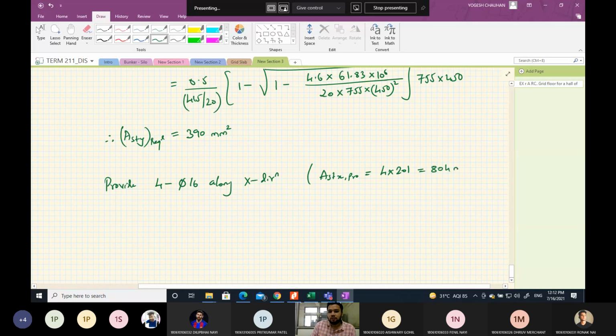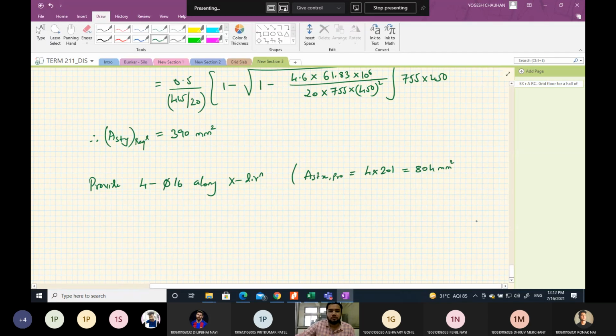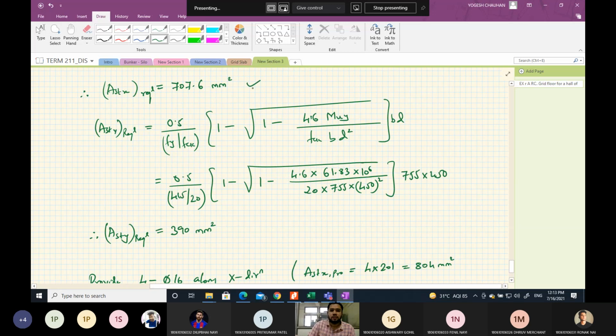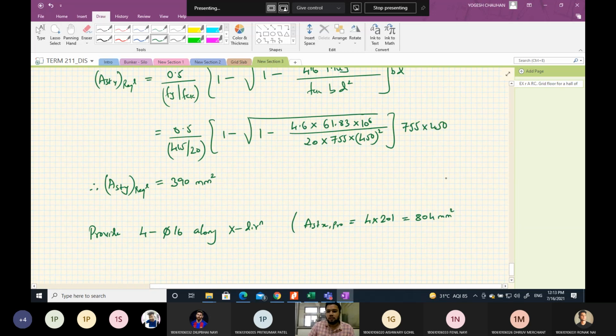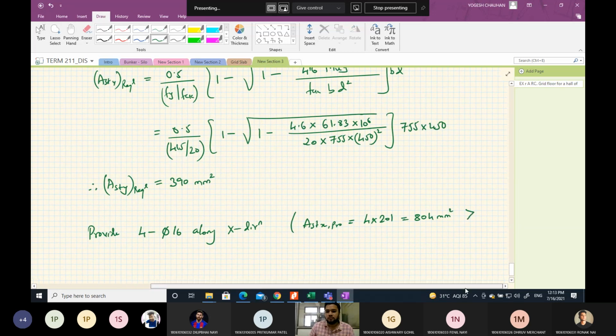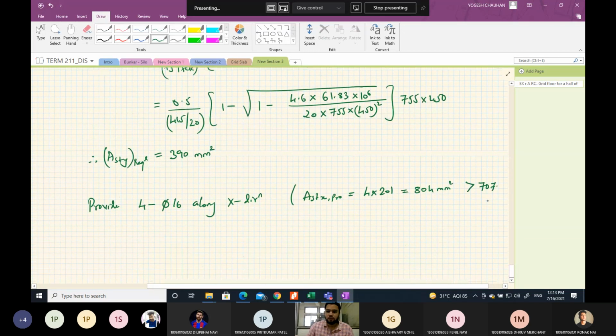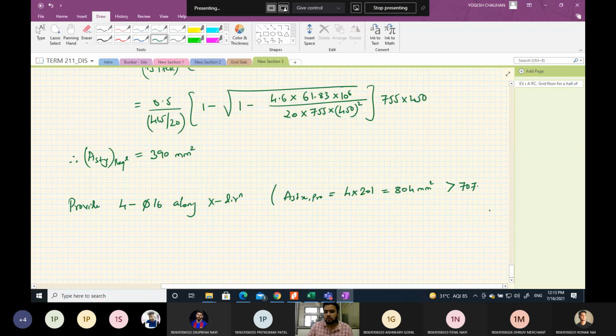That will be 804 mm square. This value is more than the required value of 707.6 mm square, so it is okay.